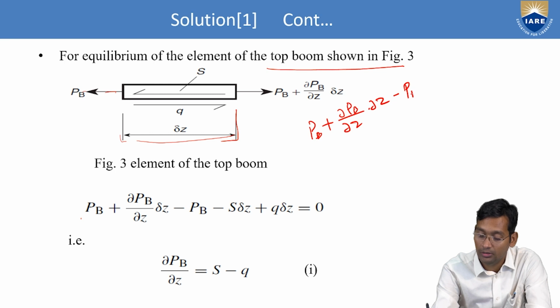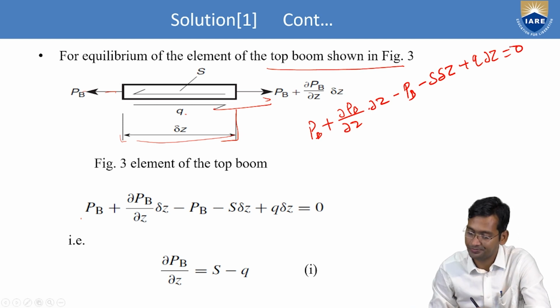And this side S is also acting for how much distance? For delta Z. So minus S into delta Z. And this Q is acting on this side, and this side we are taking positive. So plus Q into delta Z equals 0.